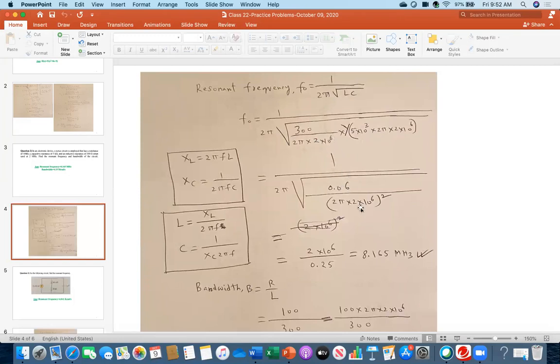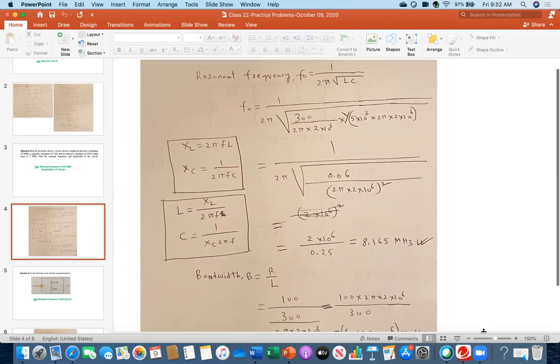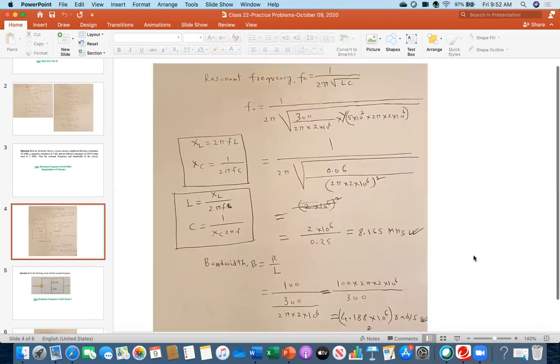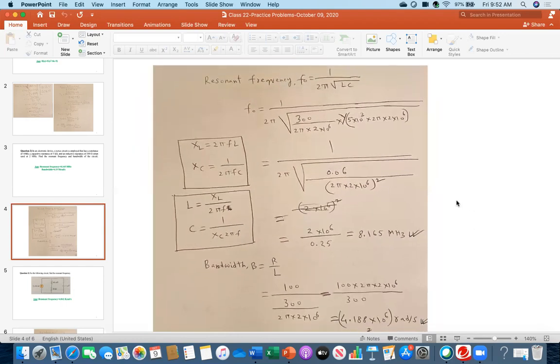Use your calculator and get this result. So as long as you are writing this thing correctly, then you should be getting this result. And once you get that, then see the bandwidth. Everybody, do you understand the process? Yes. Yes.